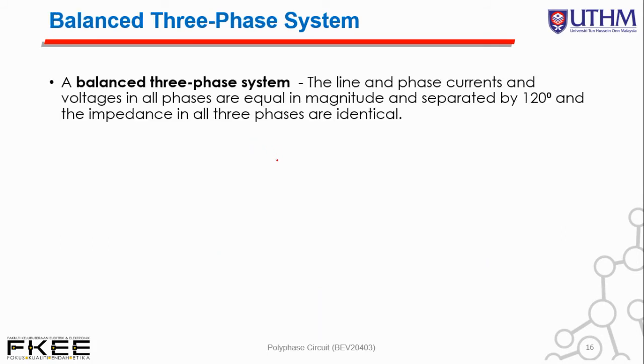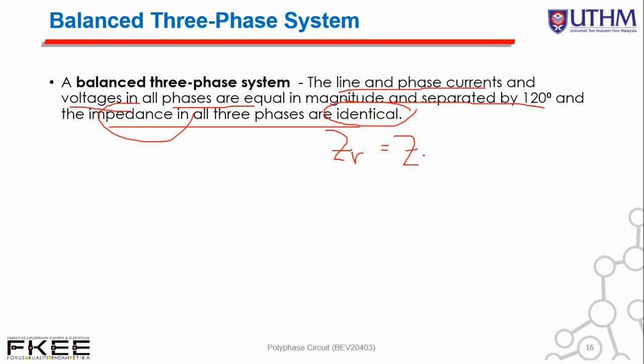Then the balanced three-phase system: the line and phase currents and voltages in all phases are equal in magnitude and separated by 120 degrees each, and the impedances in all three phases are identical. So we have Z in R phase equal to Z in Y phase, and this is equal to Z in B phase.